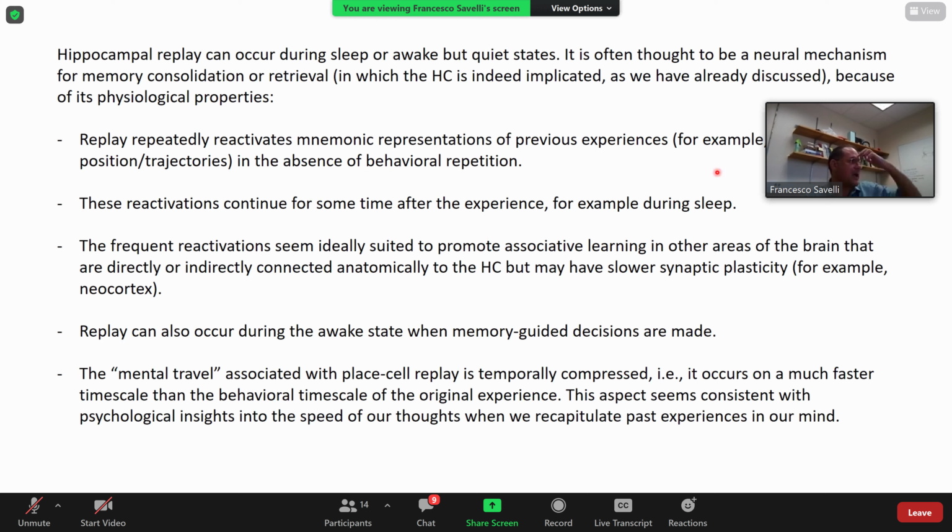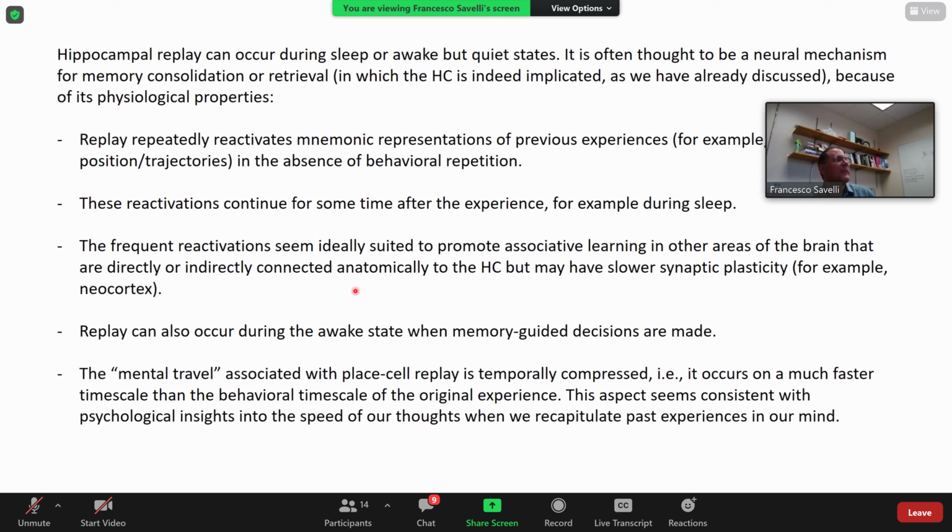This is basically a slide that summarizes some things that I already said, to what extent replay is probably linked to the idea that replay repeatedly reactivates mnemonic representations in the absence of behavioral repetition. So this activates continuous time experience, for example during sleep. This might promote associative learning in other areas of the brain, like the neocortex, and so then you have that kind of consolidation.